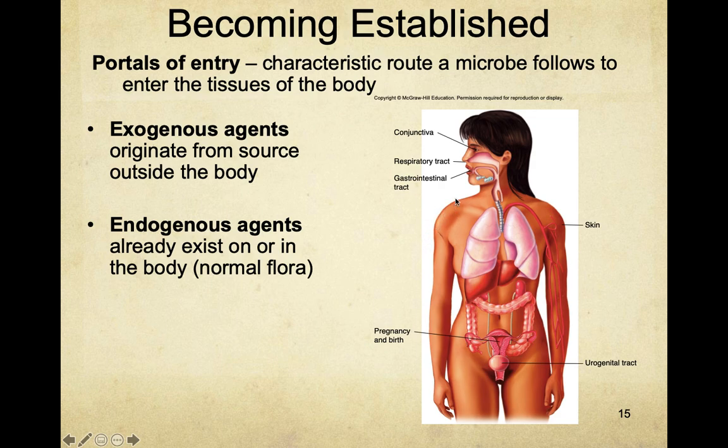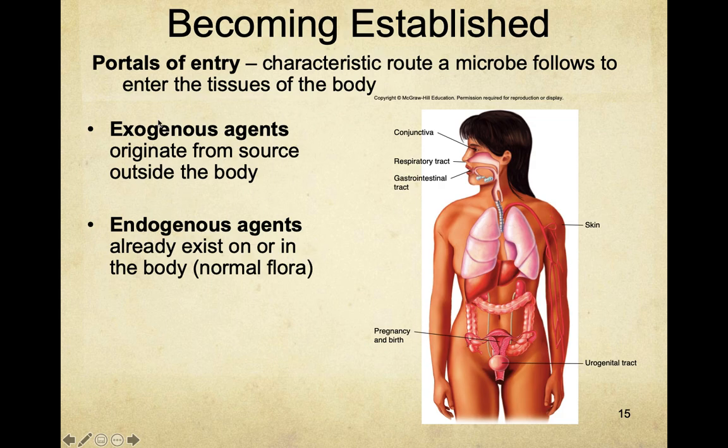You can get pink eye if you don't wash your hands properly. These are bacteria that were already in or on the body that have gotten somewhere else where they're not supposed to be, and they've caused a problem. That bacteria was already in you, hence the endo part, and it originated from inside of you.